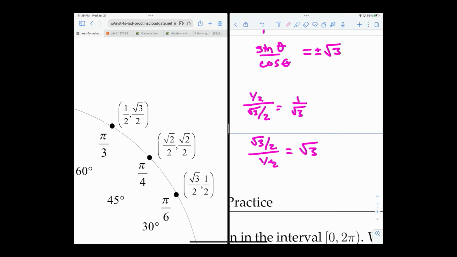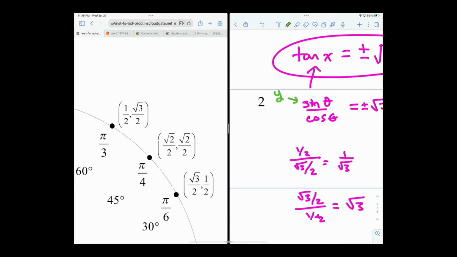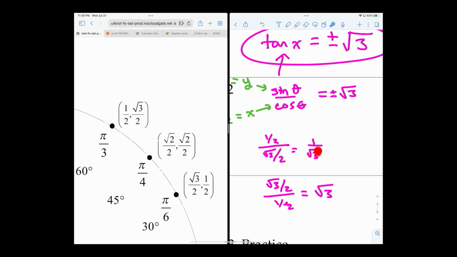So specifically, we're going to be looking for places where the y value on the unit circle, which is the sine, should be the square root 3 over 2, and the cosine, which is the x, should be the 1/2. I know that it has to be the 1/2 and the square root 3 involved, but we specifically want the square root 3 on top. Otherwise, we would end up with 1 over square root 3, not square root 3. And we're supposed to get square root 3.